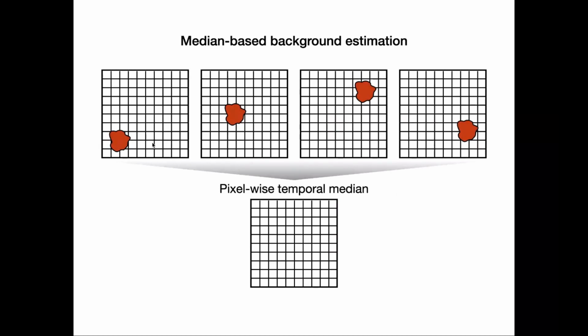That means if we take the median intensity at this particular position, then the median will be a good estimate of only the background without the particle. Now, of course, this only works if the particle moves sufficiently large distances during the median period.